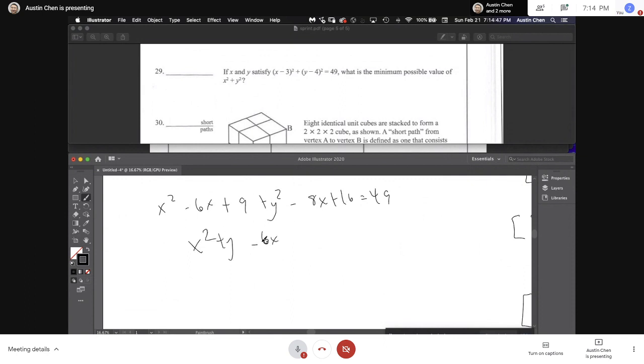So we have x^2 + y^2 - 6x - 8y equals 49 minus 25, which is 24. Then x^2 + y^2 = 24 + 6x + 8y, and you're trying to find the minimum possible value of x^2 + y^2.